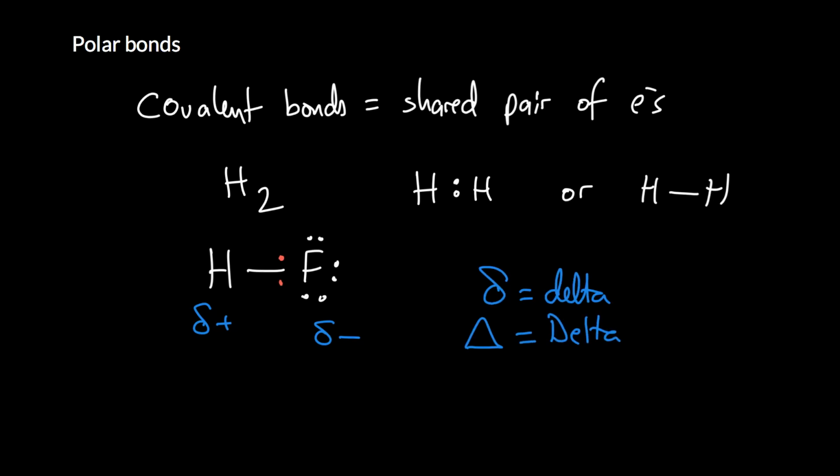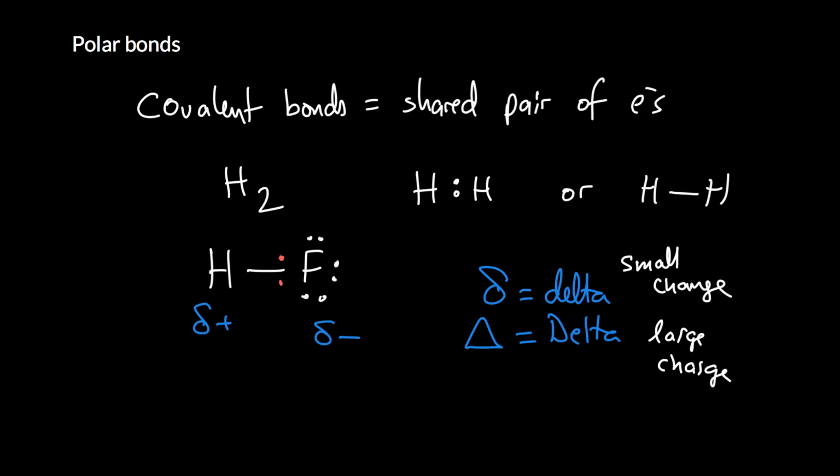In fact, they're both deltas, but this is the uppercase delta and this is the lowercase delta. We use the large delta for large changes, so if we had a full positive or a full negative charge here, we'd probably use the capital delta. And we use the small delta for small changes. And if you've ever taken calculus, we actually just use a d for incredibly tiny, itsy bitsy changes. But anyway, that's another story.